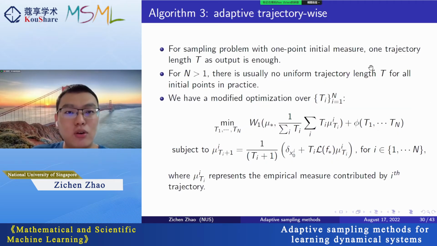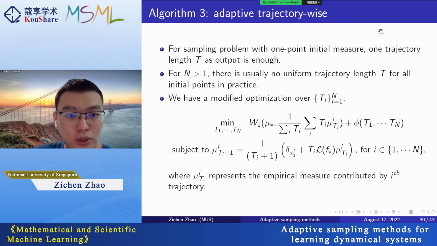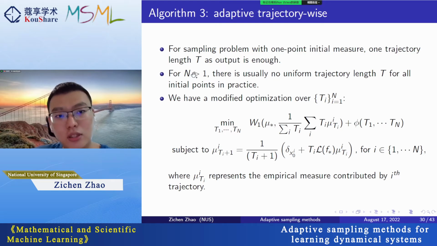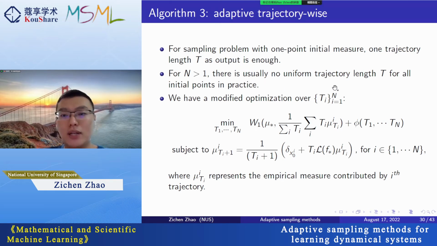And the second variant is the adaptive trajectory-wise case. For sampling problems, one initial measure and one trajectory length as the output is enough. But in practice, for a starting point number n larger than 1, there is usually no uniform trajectory length.